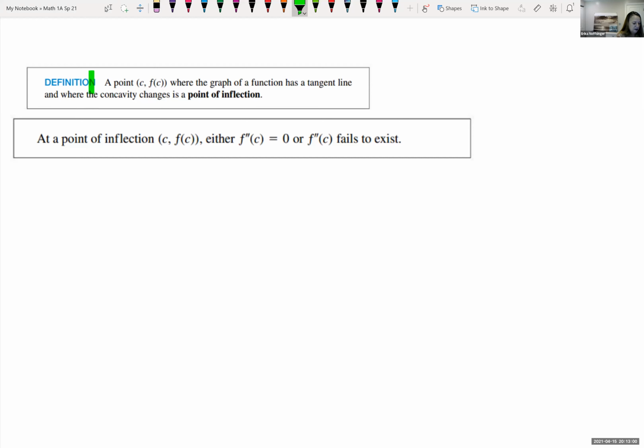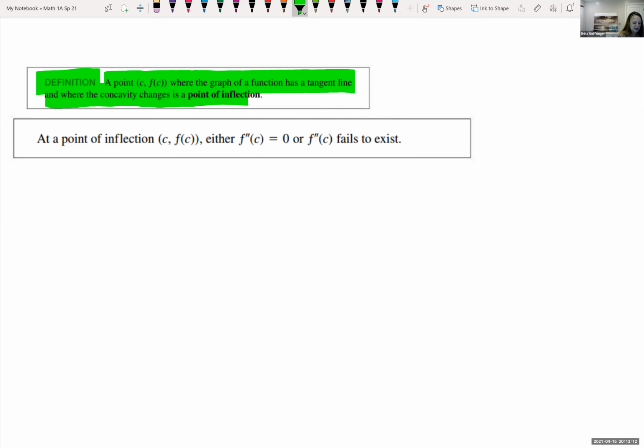So the definition: we say point c, f of c, where f of c is the y value when x is c, where the graph of the function has a tangent line and the concavity changes, is a point of inflection, or the inflection point. Telling me that it has a tangent line tells me that it's differentiable at that value, so it has to be defined in the original equation.